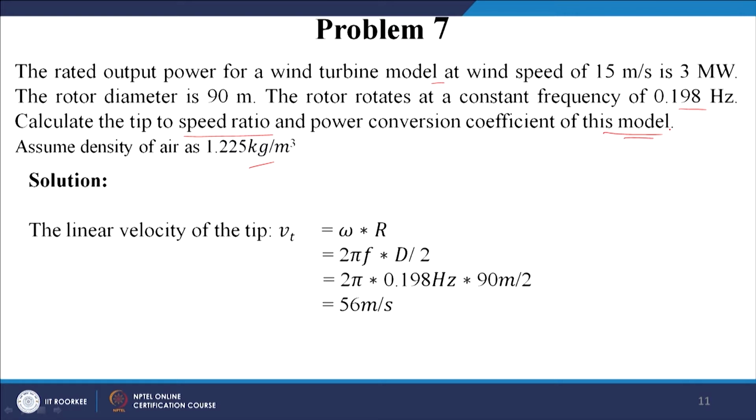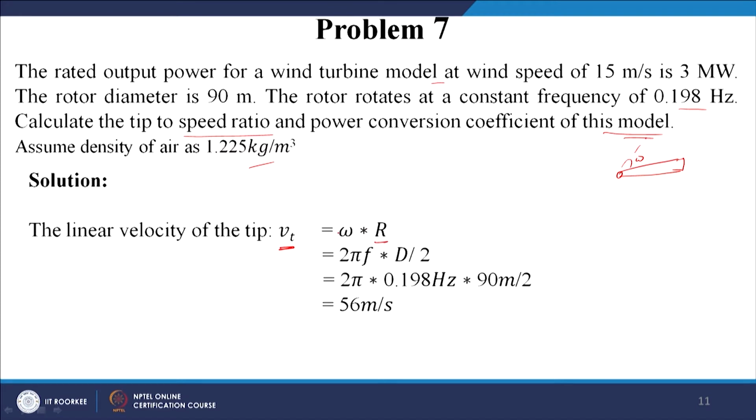If we think about the relationship between angular velocity and linear velocity, the linear velocity of the tip Vt will be equal to angular velocity into radius. If a fan is moving, then after some time it makes some angle. So, omega into r is equal to Vt, that we know very well.